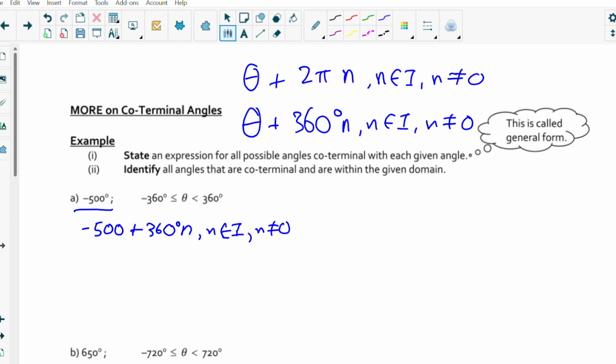Okay, let's take a look here. So negative 500 for n equals 1.